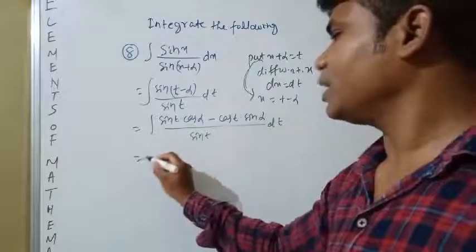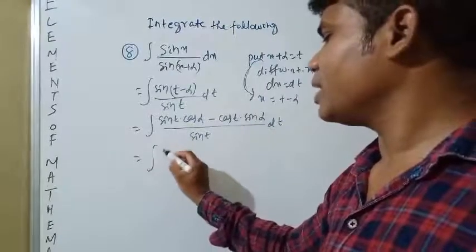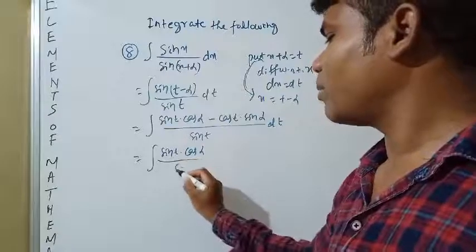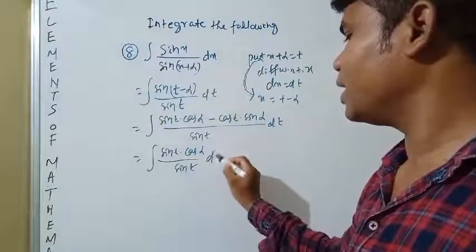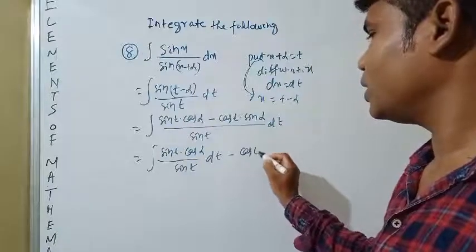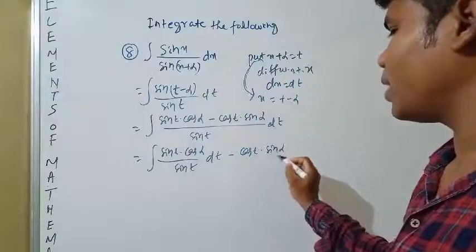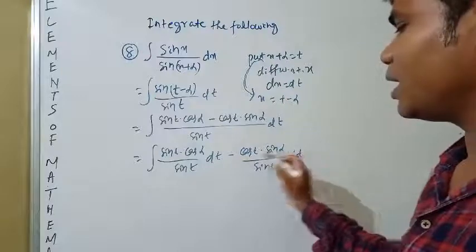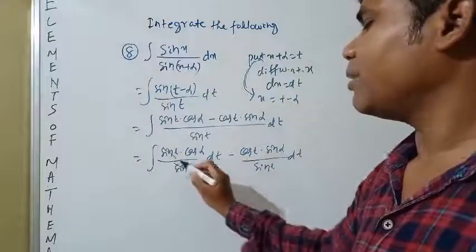Okay, this is equal to sin t into cos alpha by sin t dt minus cos t into sin alpha by sin t dt. Sin t will cancel out.